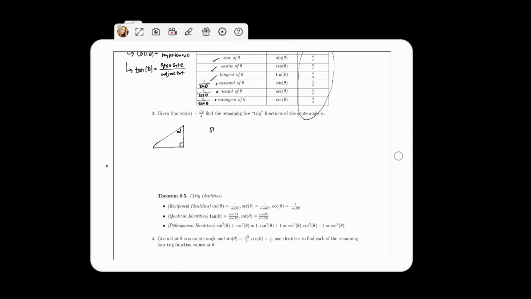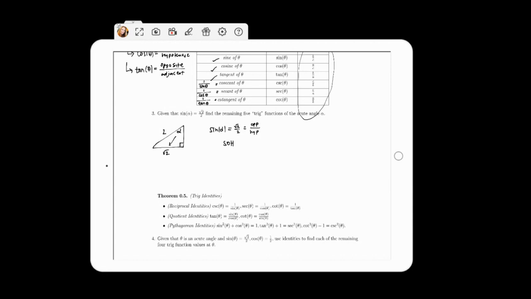And we're given that the sine of alpha is equal to root 2 over 2. And we remember that sine is equal to the opposite over the hypotenuse. That means that root 2 is the opposite, and 2 is the hypotenuse.